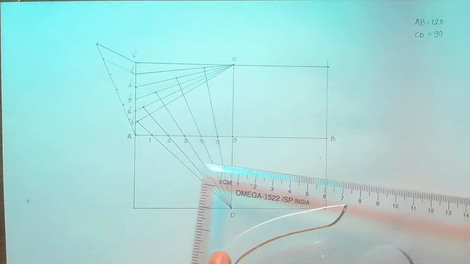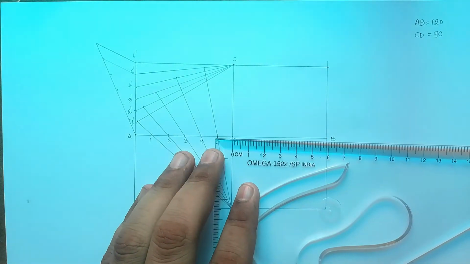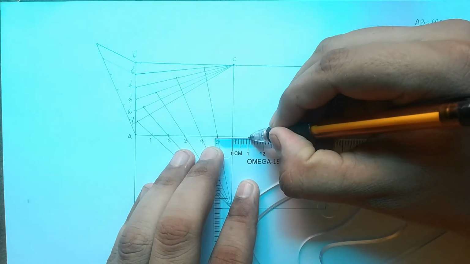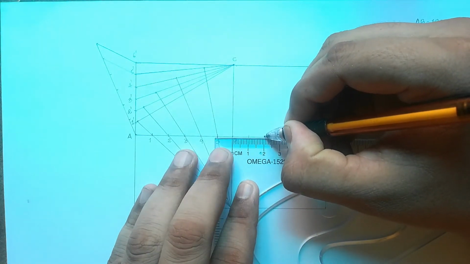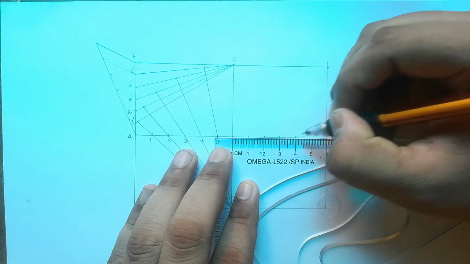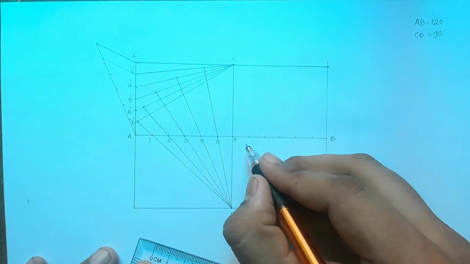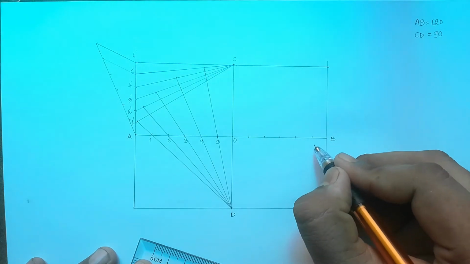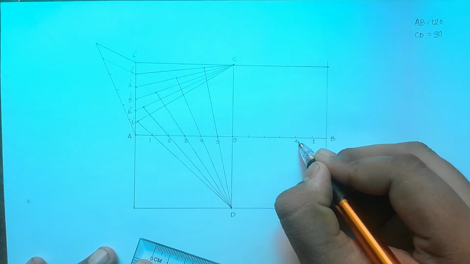Clear? So over here we will divide this horizontal major axis into 6 equal divisions. From O to B, I will divide this axis into 6 equal divisions. I will start numbering from point B over here. This is my number 1.